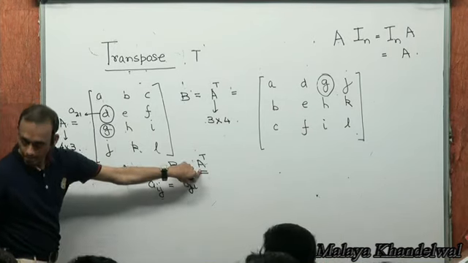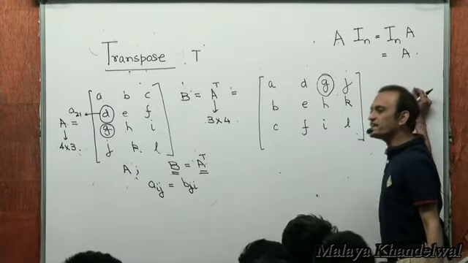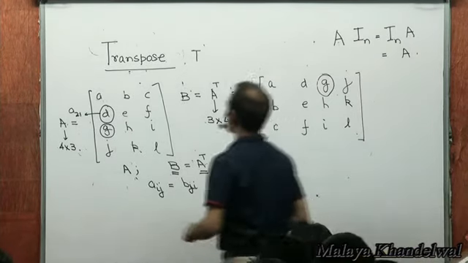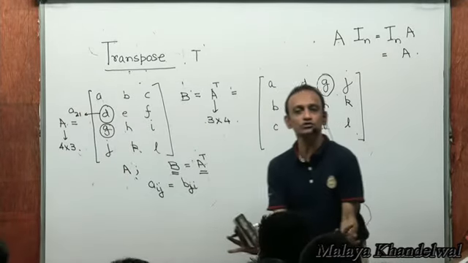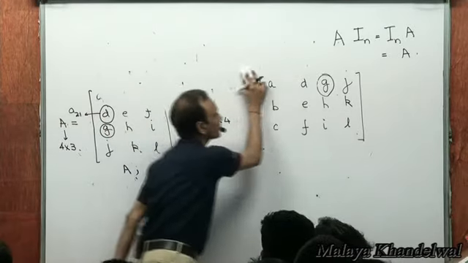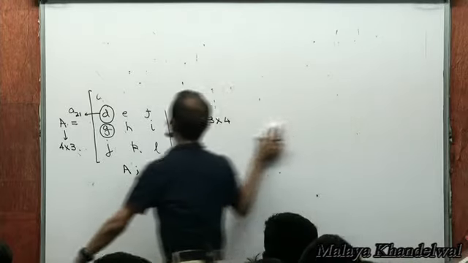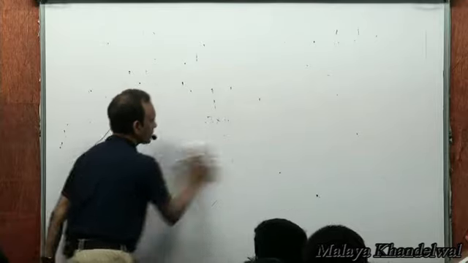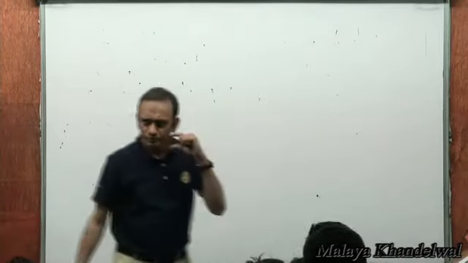Isn't it? Yes or no? So transpose is like converting rows into columns and columns into rows. So far so good, right?